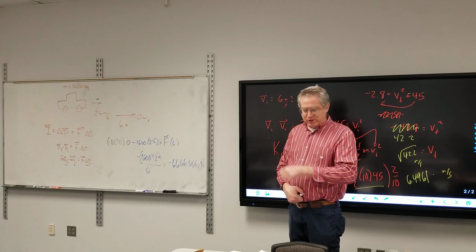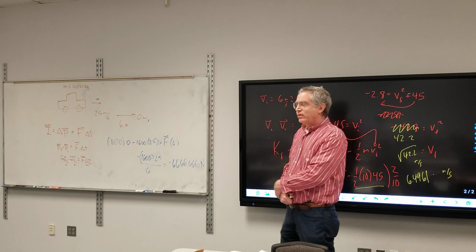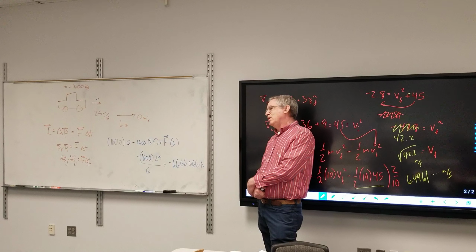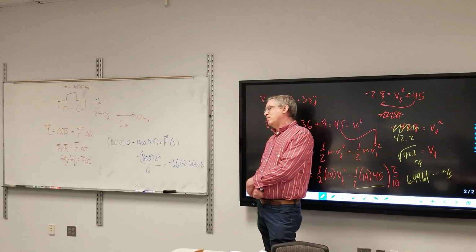Now, the original problem was in megagrams. Could you have done the problem with megagrams? Is it purely for convenience sake, or can I do these problems with any kind of convention?